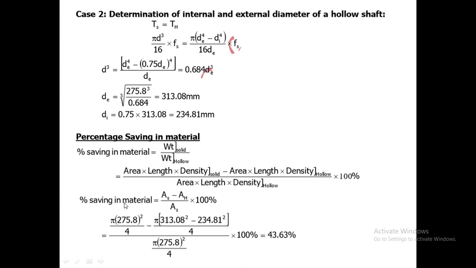The percentage saving in material is 43%. So if you use the hollow shaft, you can save 43% of the weight of the material.